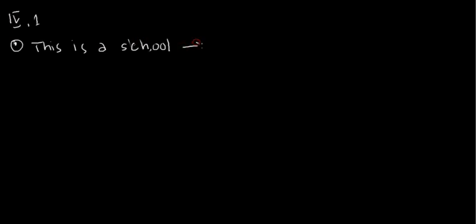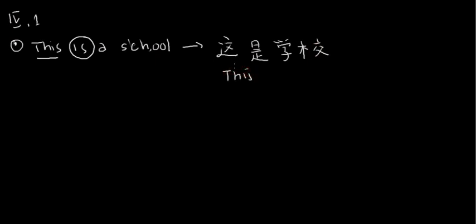Because this is a pointer followed by an auxiliary verb, as you may guess, we can just write 这是. School, do you still remember? 学校. So this is a school: 这是学校.